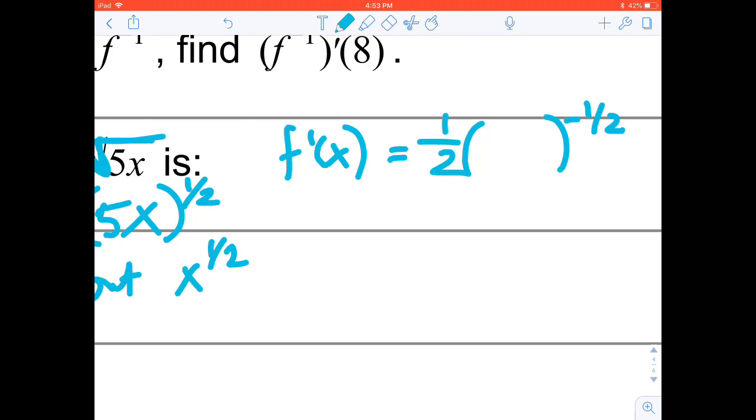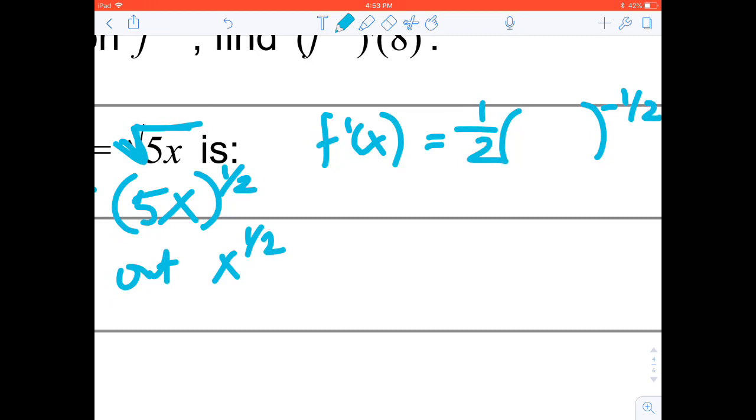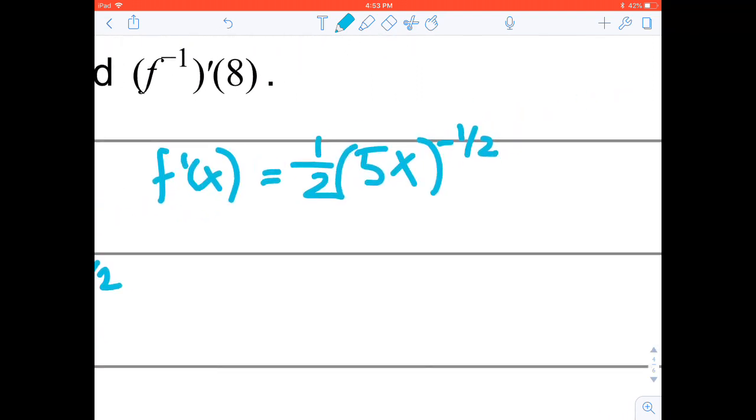Notice I don't even bother writing x right here in this little part. What I want to do is keep the inside that was plugged in, and my inside here is 5x. So that's what I'm going to have there. And then I have to multiply, and everyone always forgets to do this.